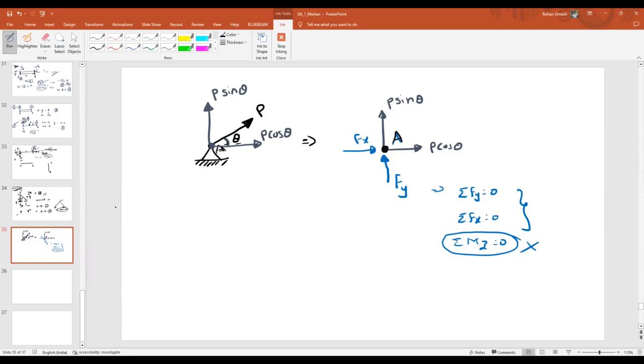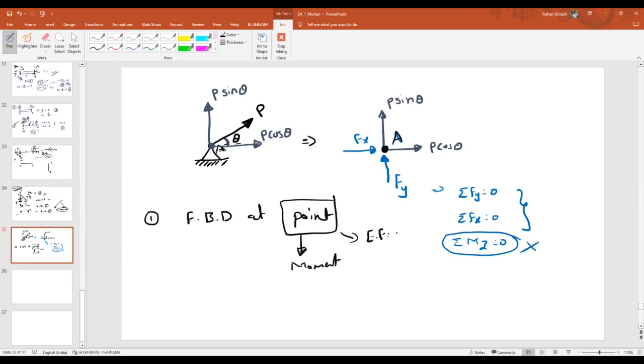Otherwise, one more point here is that if you are considering the free body diagram at a point, then you can say that moments will not develop. So that's why we can consider only two equilibrium equations.